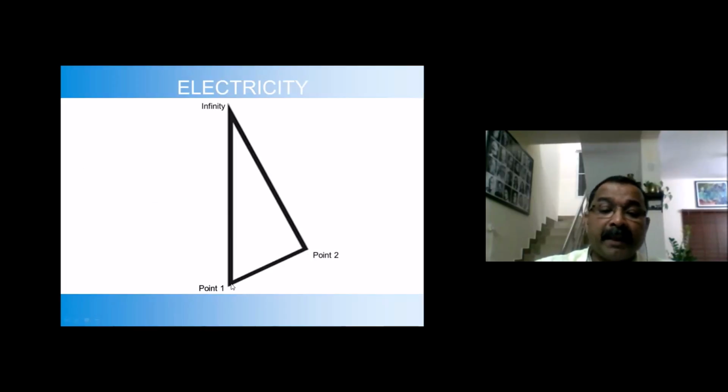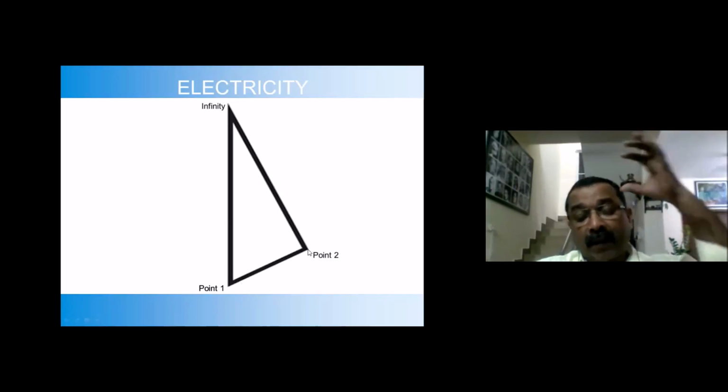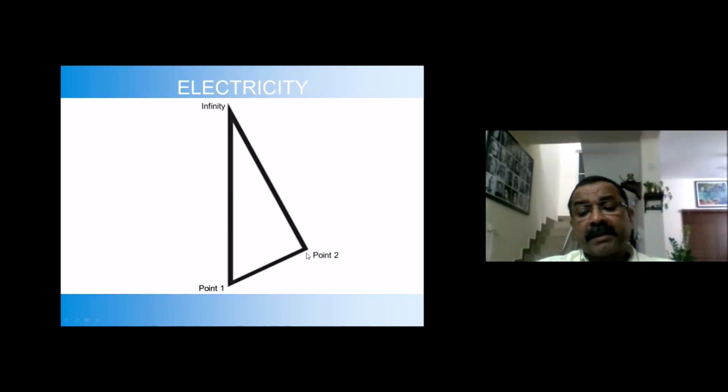One point may be at a higher electrical potential, meaning there are more electrical charges in its vicinity. The other point may be at a lower level, meaning the charge intensity at this point is very low. So basically, we are interested in the potential difference between these two points.